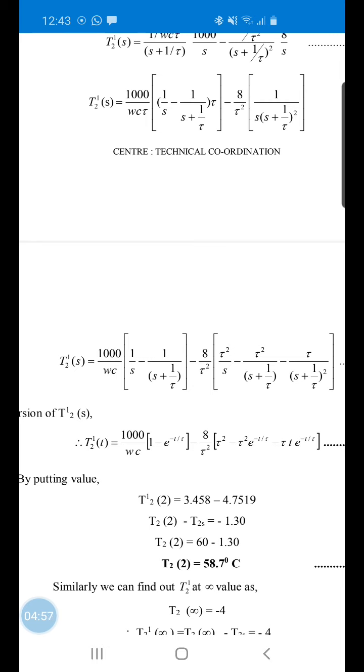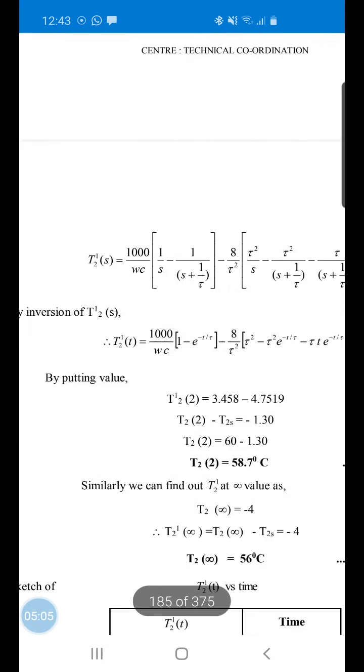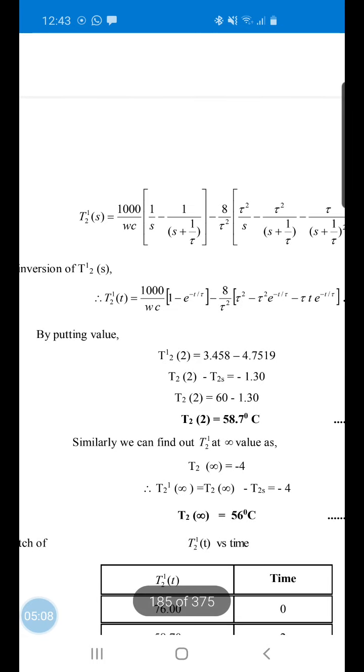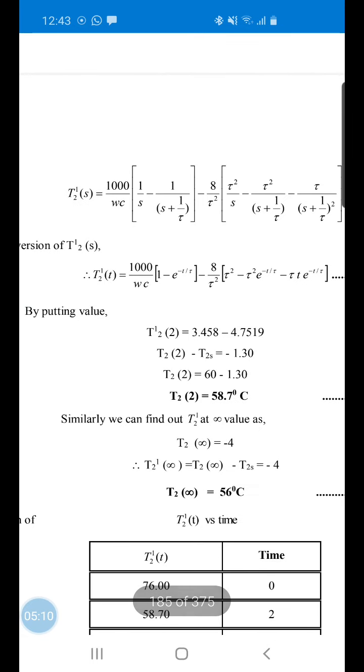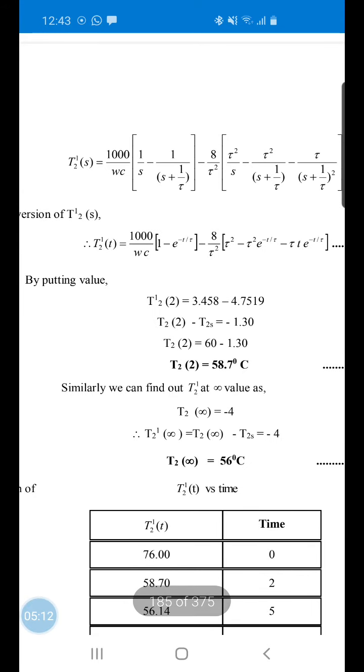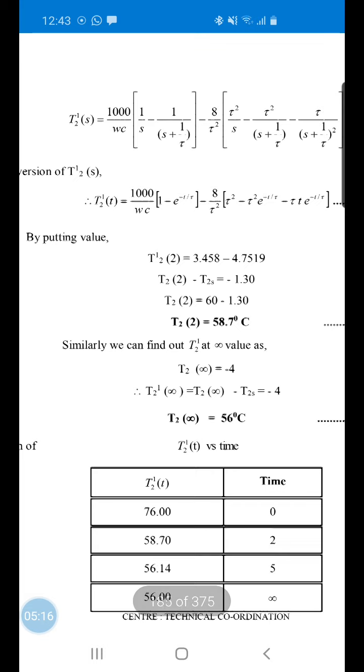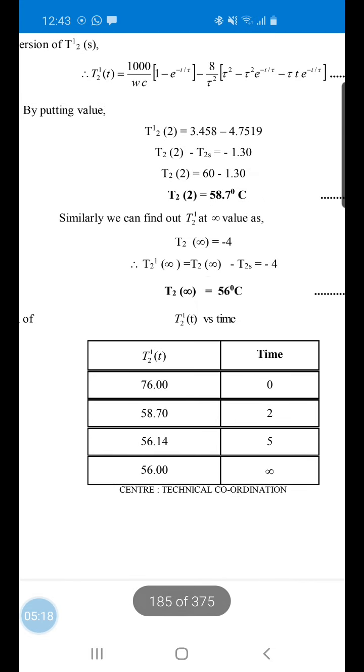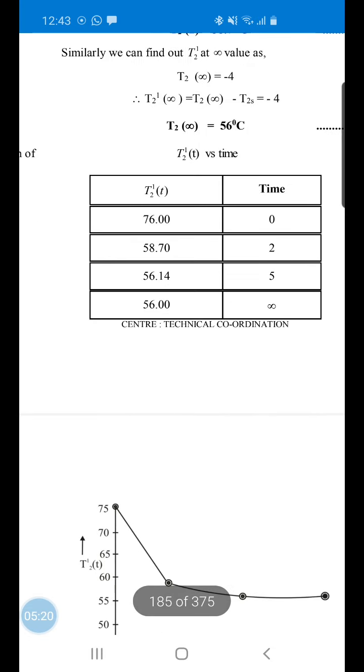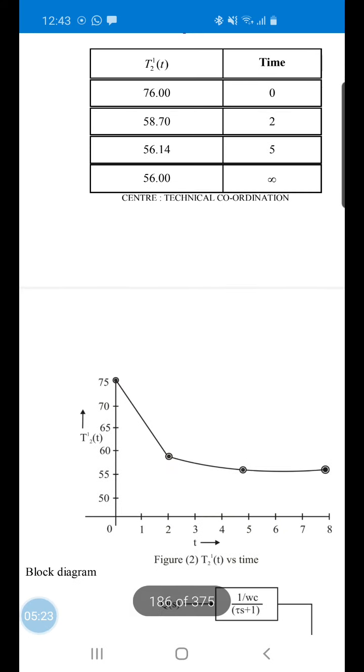Its inverse Laplace is tau square into e raised to minus t by tau, and the third one will be minus tau t into e raised to minus t by tau. So putting the value of t equal to 2 minutes, you can find T2 of t. Putting the value of t equal to infinity, which is equal to minus 4, you can find T2 of infinity is 56. Then put various values of time and plot the graph for T2 dash of t.